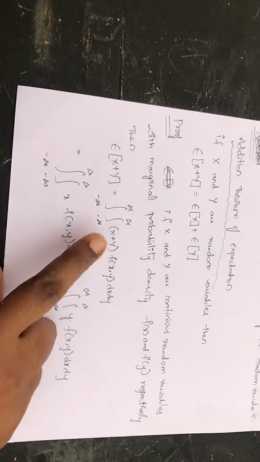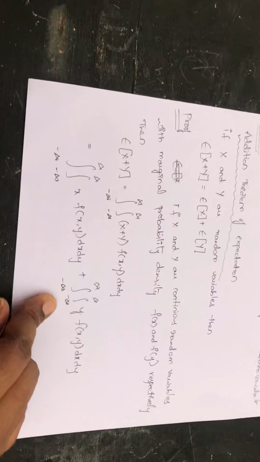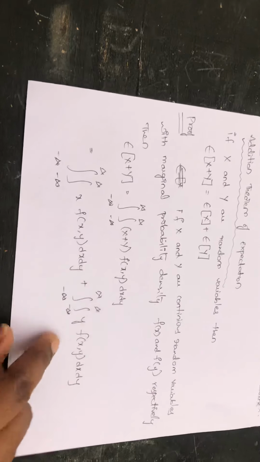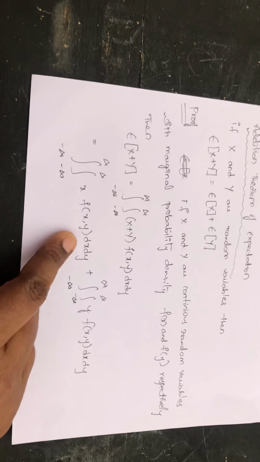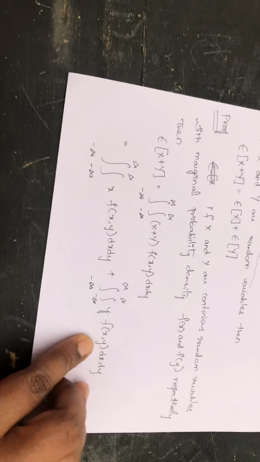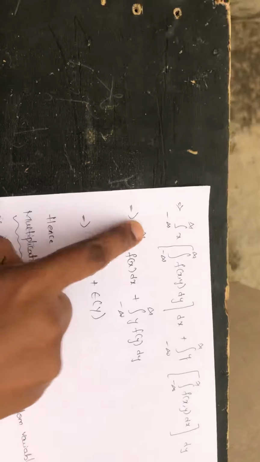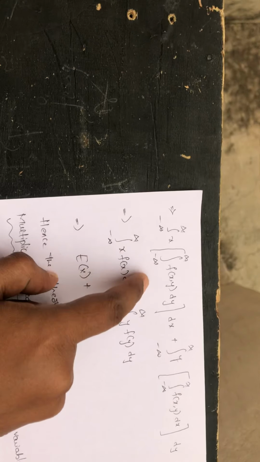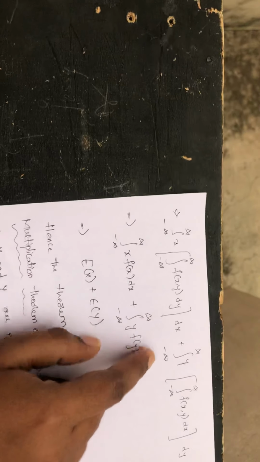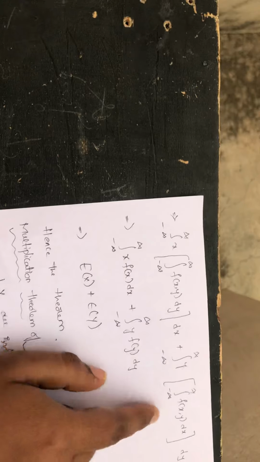In multiplication form, we take the x values separately and the y values separately: x into f of x comma y dx dy, and y into f of x comma y dx dy. Here one integration I have taken in the middle, that is the integral of f of x comma y dy and dx, and the other is dy and dx.